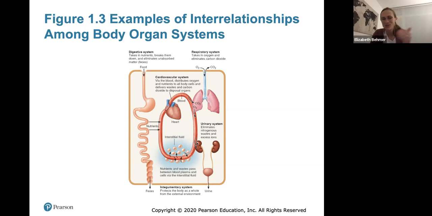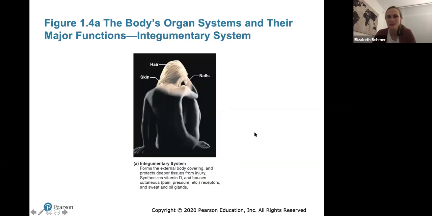So it's connected to your respiratory system, which disposes carbon dioxide, which is a waste product. Your cardiovascular system brings waste products or all the blood to the urinary system, where your kidneys will filter the blood. And you can see just an example of how these organ systems all work together to maintain life as well.